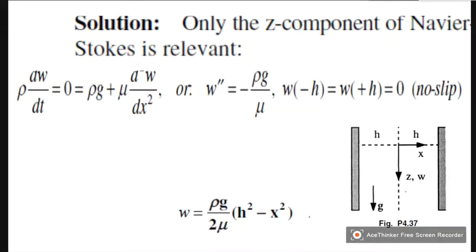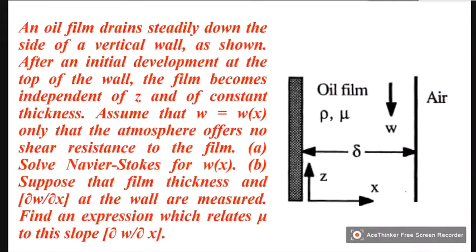The same thing, of course. Now here is a similar problem, slightly different. An oil film drains steadily down the side of a vertical wall as shown. So here you are having only one wall.